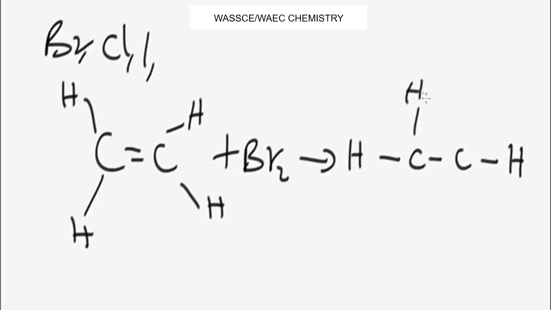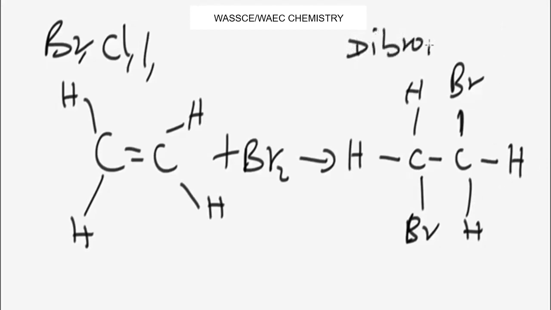So we have the bromine atoms here. So this is the structure of dibromoethane. So when alkenes react with halogens, they form saturated molecules with the carbons each becoming bonded to a halogen atom, just like in this example.